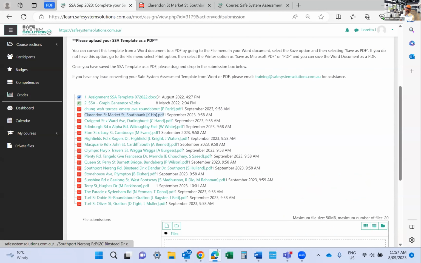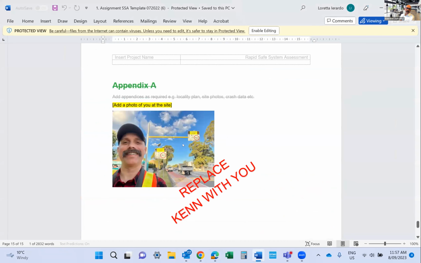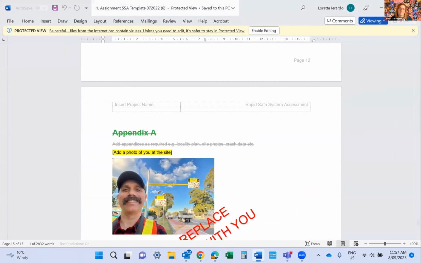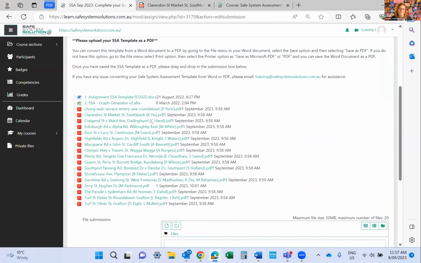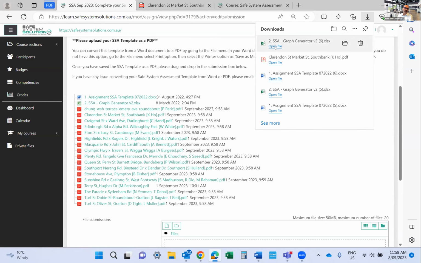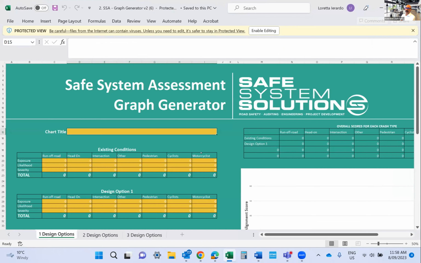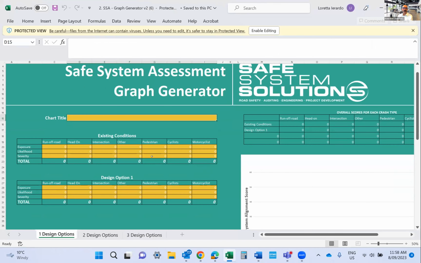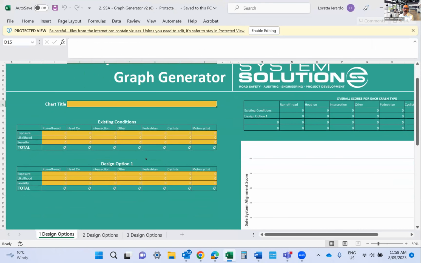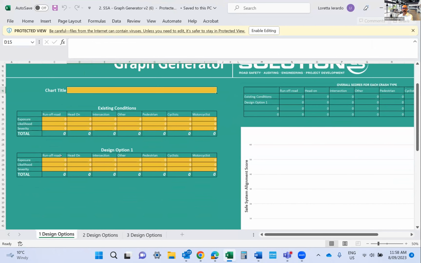The other thing you've got there is a graph generator. This is just us trying to save you that bit of time, as Loretta was pointing out. You could do this yourself. You could make your own graph generator, no worries. It's just an easy way to put numbers in, and it produces that graph down the side there. So you see the first tab is when you've got one design option, which is what we're giving you.